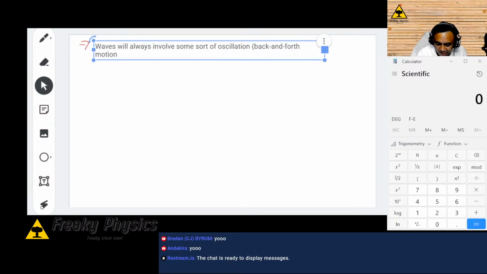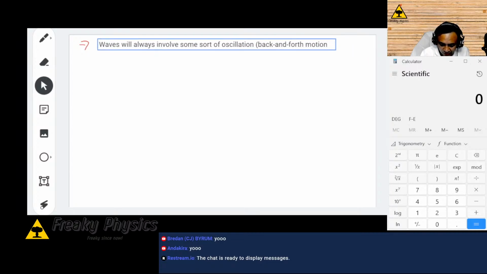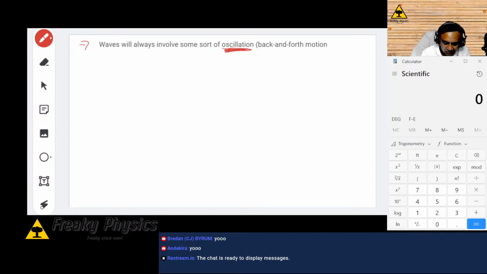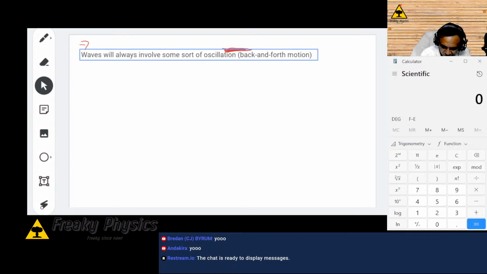Because of this, we need to look at what oscillations are. We've defined what an oscillation is, but let's think about it this way: if you have an oscillation, what are the conditions?